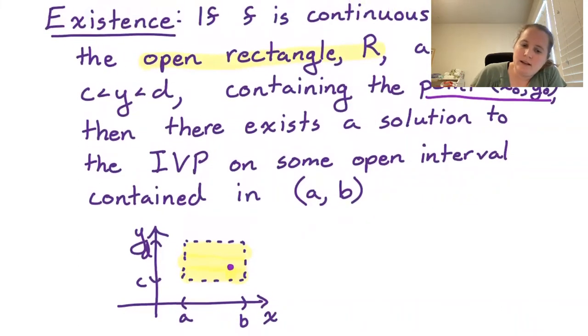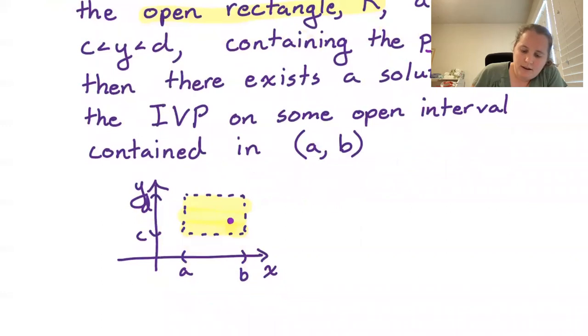And what we're saying is that there is some interval contained within AB, also containing x naught, which will be our solution, where our solution is defined. So we have some open interval contained in AB.